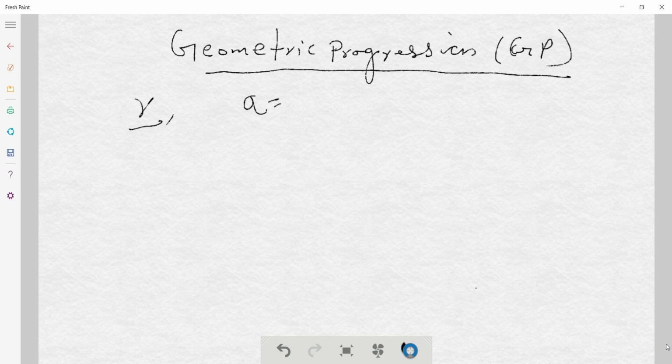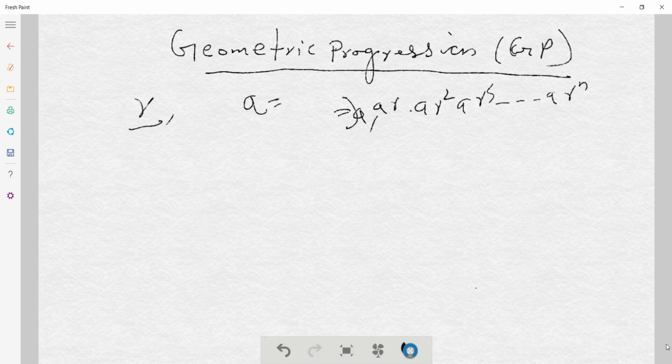So the terms of a geometric progression will be something like this: A, then AR, then AR squared, AR cubed, and so on, up to AR to the power n.